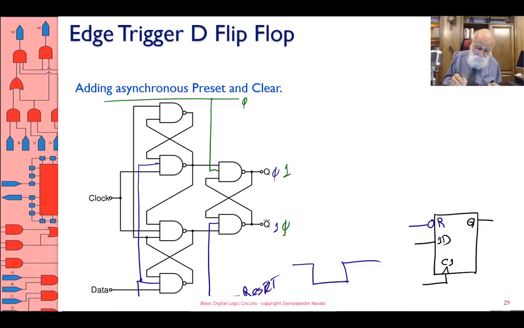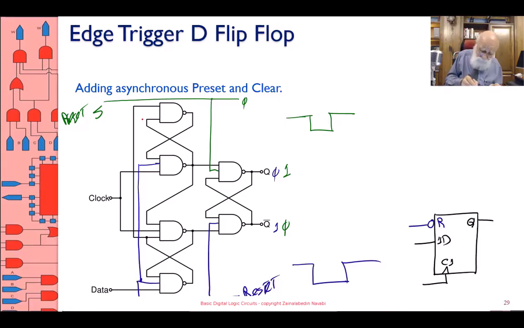What I also have to do is make sure that after the signal becomes 0 and goes back to 1, I don't want the output to go back to 0 again. I want the output to retain its 1 value. I call this one preset, or set input.